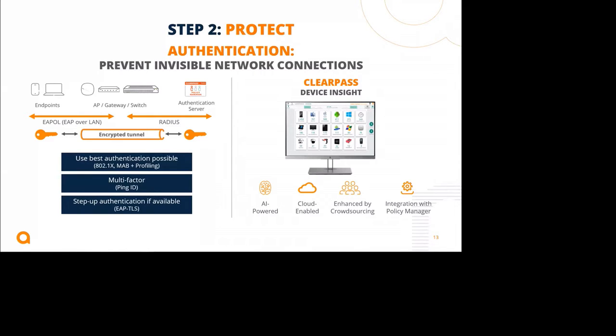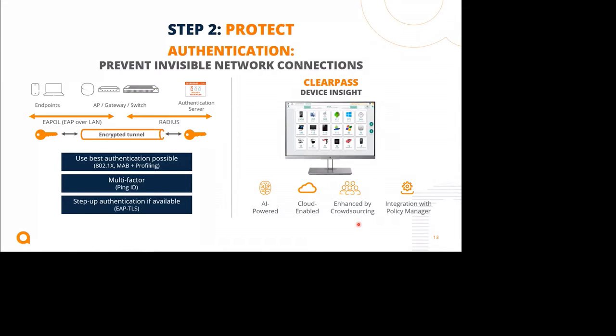ClearPass Device Insight uses artificial intelligence and machine learning algorithms to understand what a specific device is and to group similar devices together into one signature. Once you have captured that information, we're able to share it with ClearPass Policy Manager, where you can implement a policy based on the signature discovered by ClearPass Device Insight.